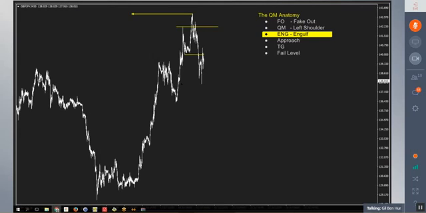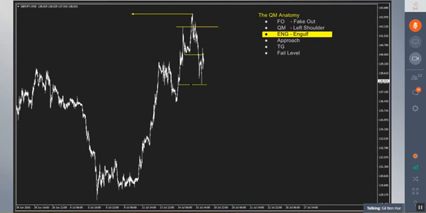Is it a target? Is it not a target? What is it? Is it supporting to go much higher or not? So this we need to discuss all the time and explain ourselves if we want to trade it.